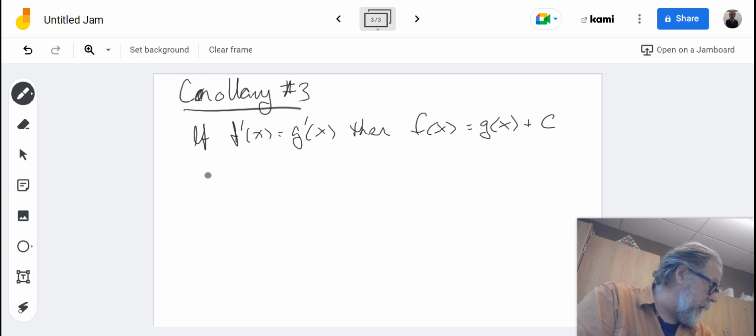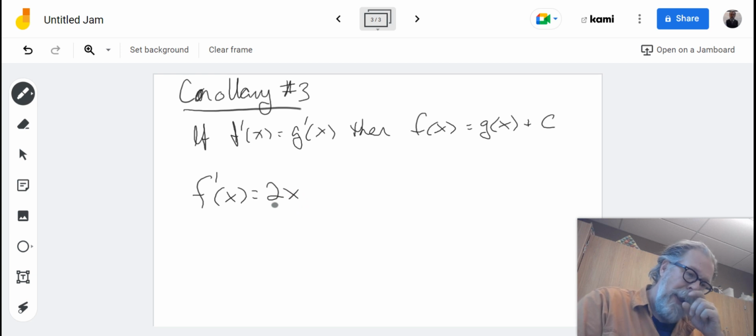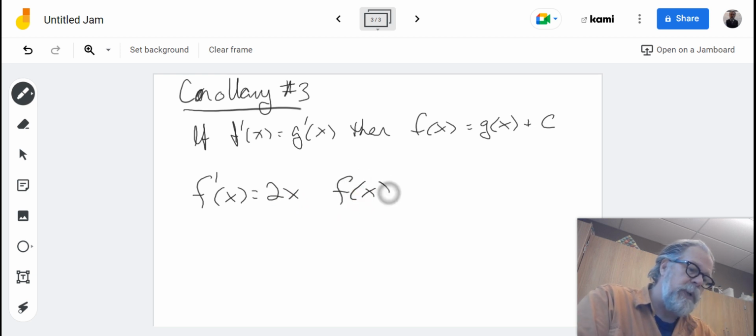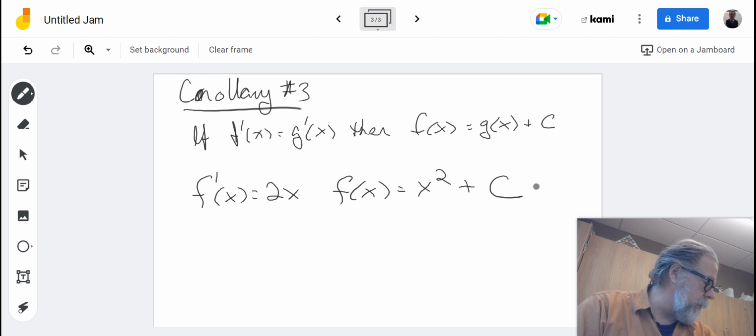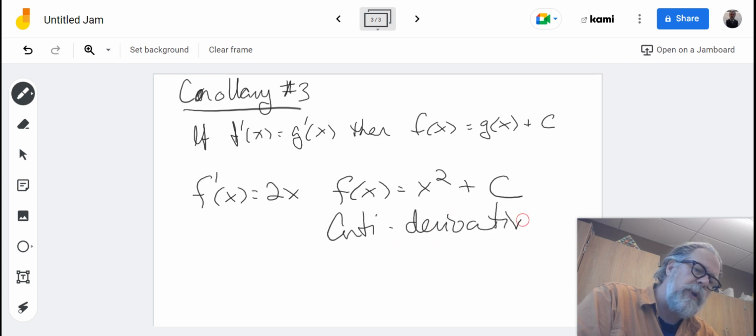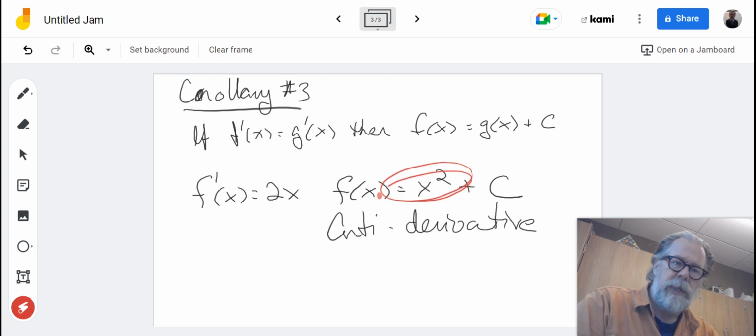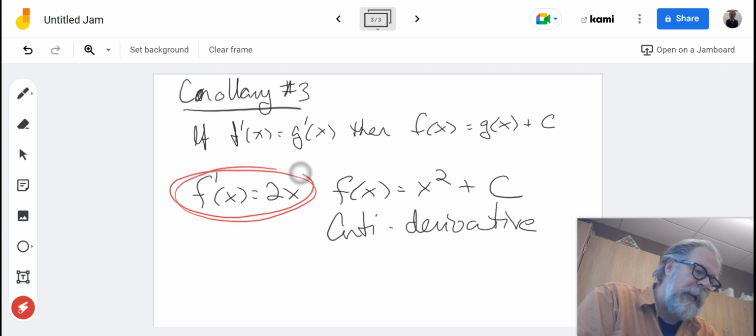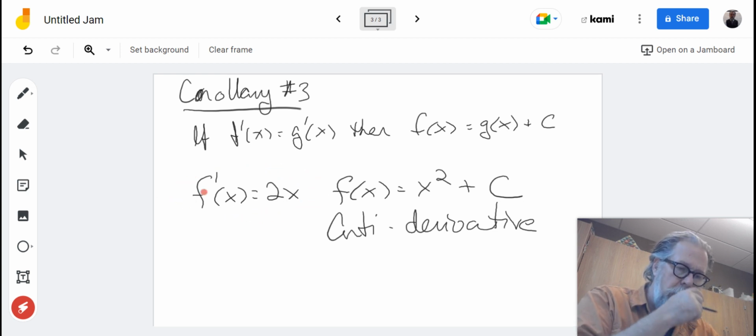And just a quick example of that, if we know that the derivative of something is equal to 2x, we know that the function itself must be equal to x squared, just from experience, plus some constant value. And this is called, new term, an antiderivative. We took the derivative of x squared to find the slope. The derivative of x squared is 2x, therefore the slope of the function at any given point is 2 times the x value of that point.